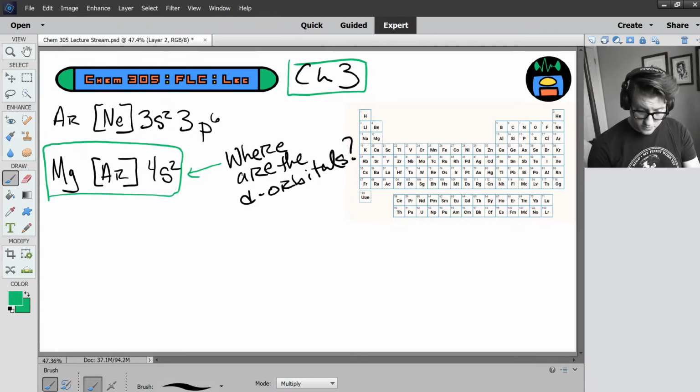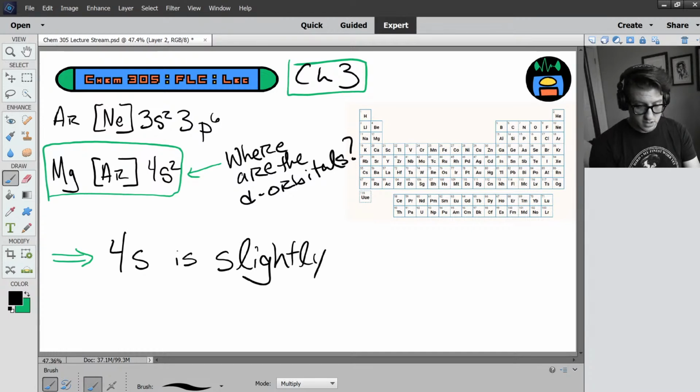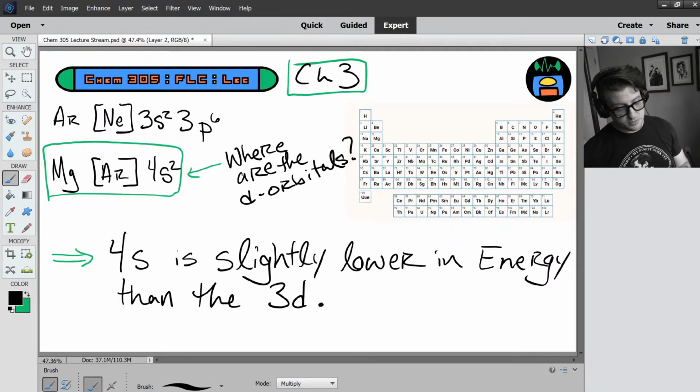Well, the answer to that question is the 4s subshell is slightly lower in energy than the 3d subshell.